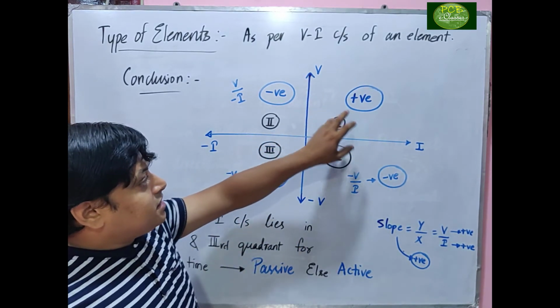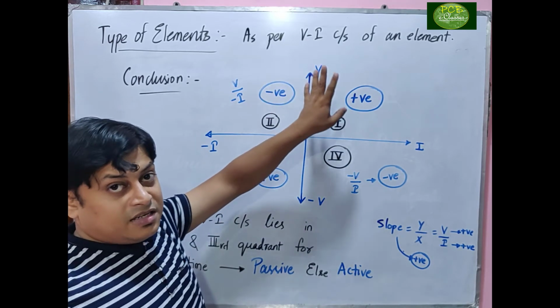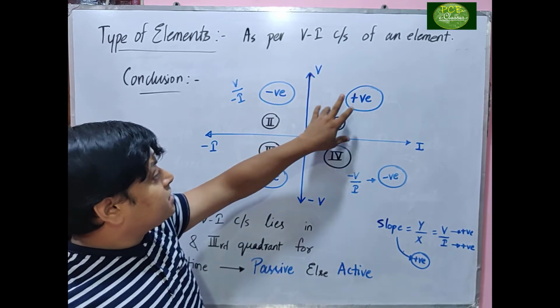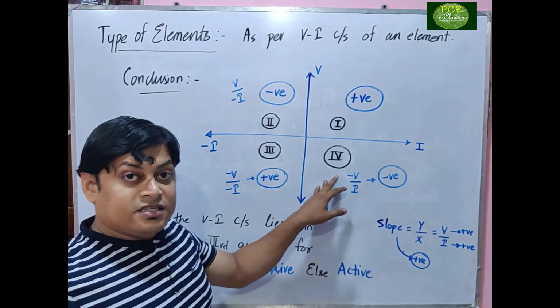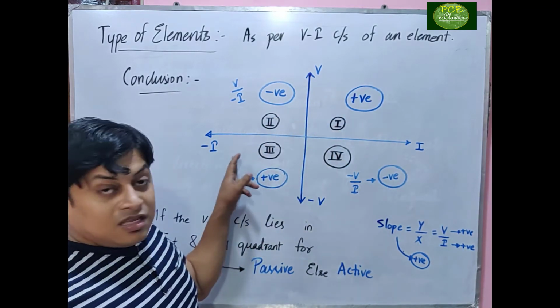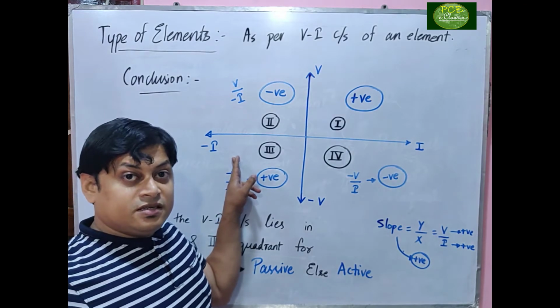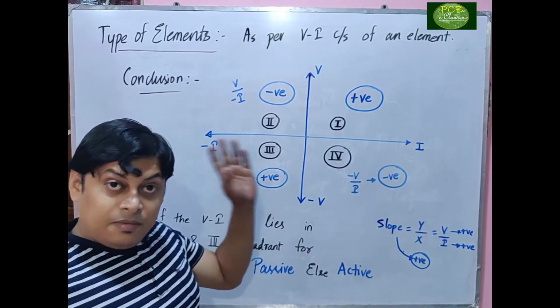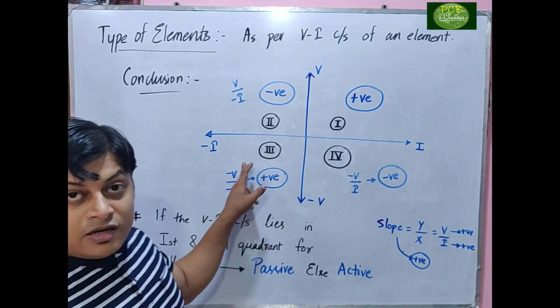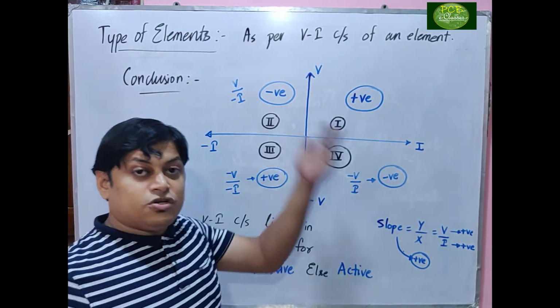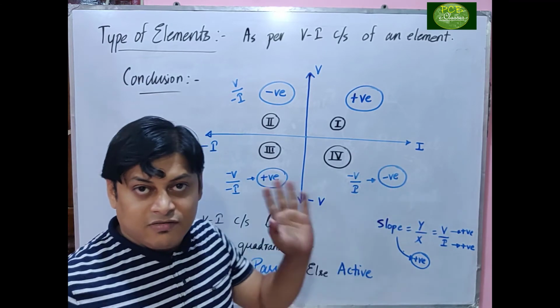First and second, then it is active. First and fourth, then it is active. First and third, then it is passive. Only in the first and the third will it be said as passive. Rest all conditions are for active.